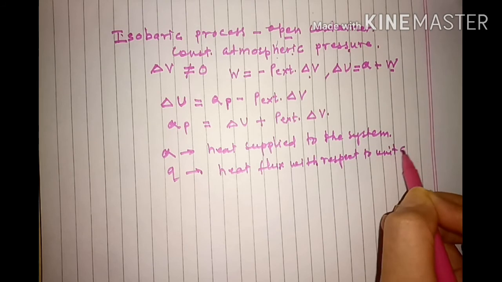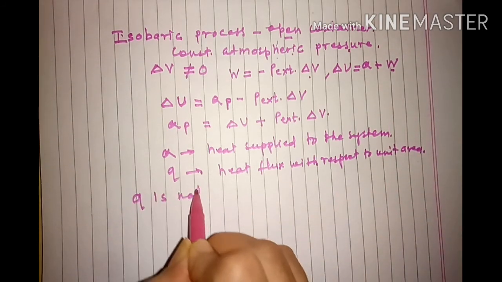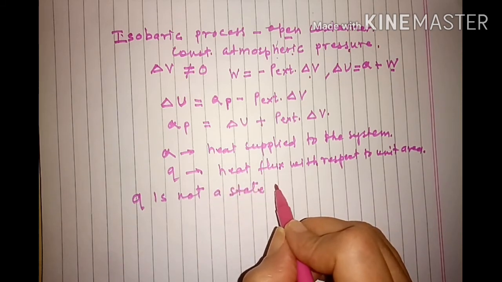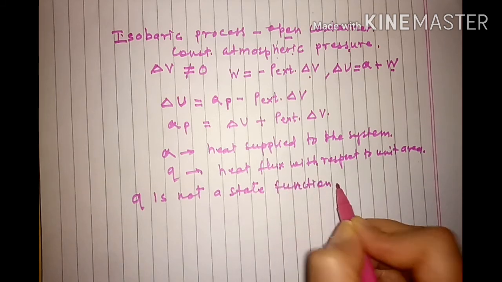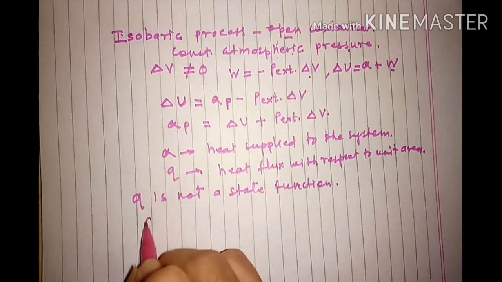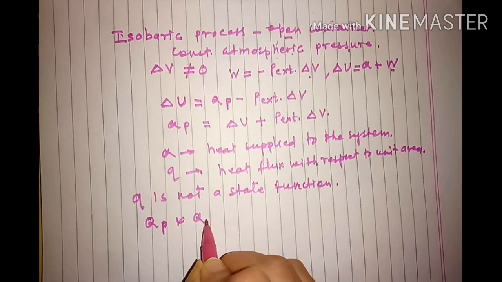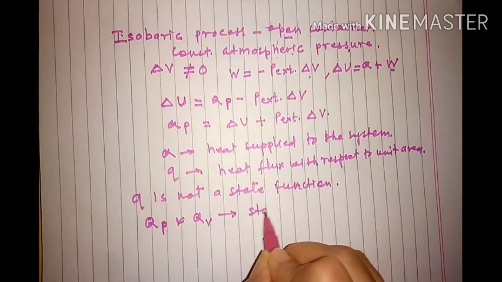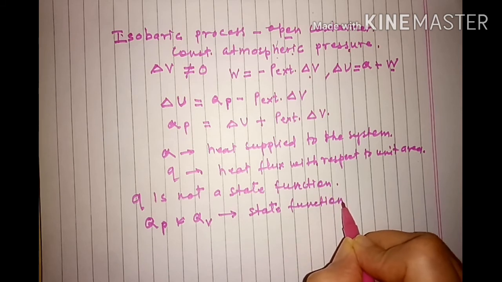Here, small q is not a state function, it is independent of the state of the system, whereas QP, that is heat supplied to the system at constant pressure, and QV, that is heat supplied to the system at constant volume, both of them are state functions, means their values depend on the state of the system.